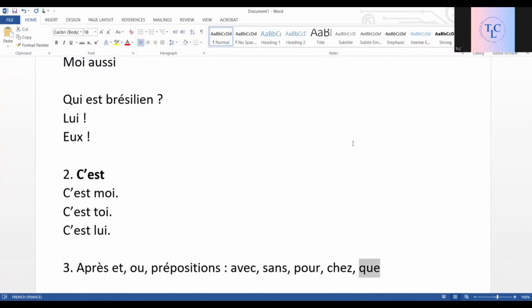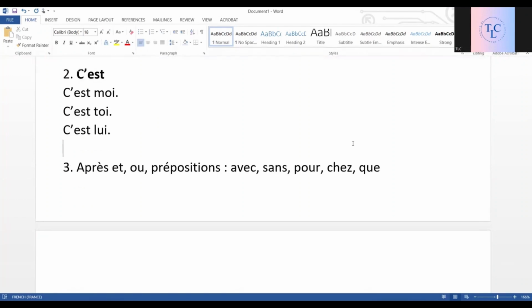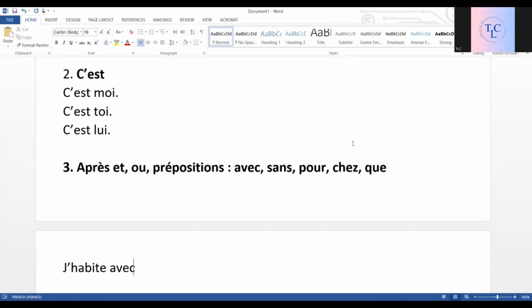We'll learn comparison in detail, but we'll take a simple example to understand it. So let's take a few examples. J'habite avec lui. I live with him. So after avec, we cannot say j'habite avec il. No, not a subject, but a pronom tonique after a preposition.